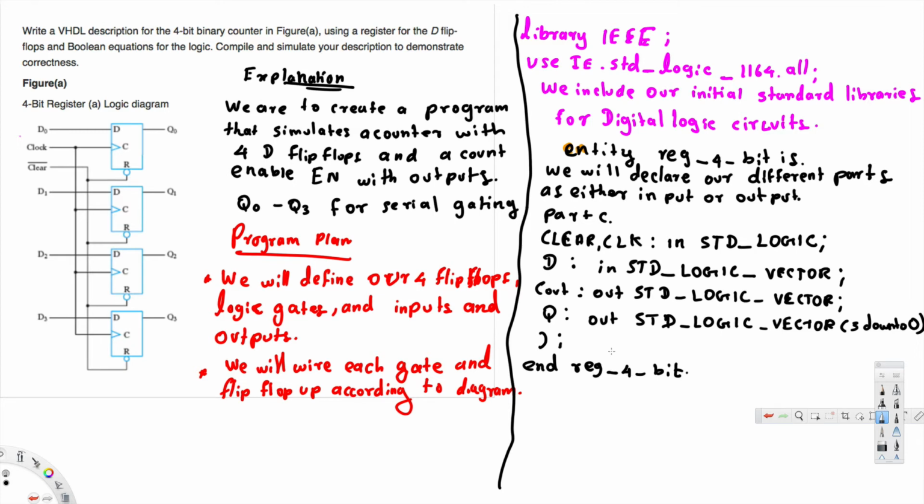The next thing is we define the architecture of the circuit by declaring our different components and our wires.